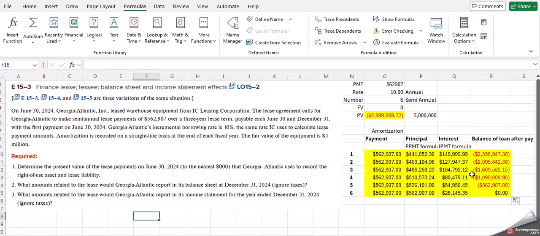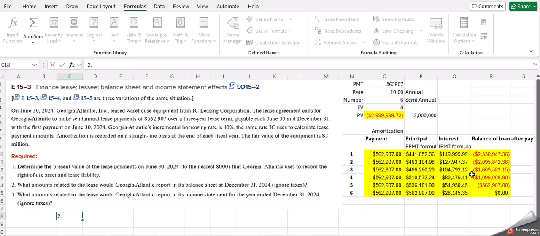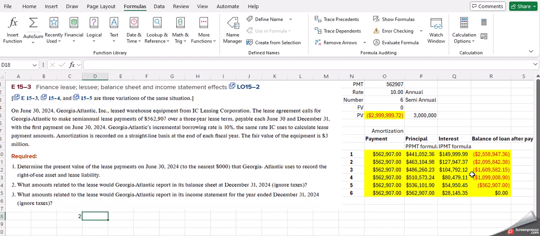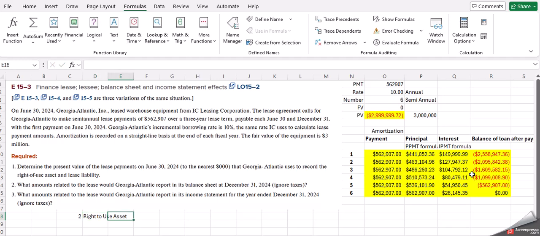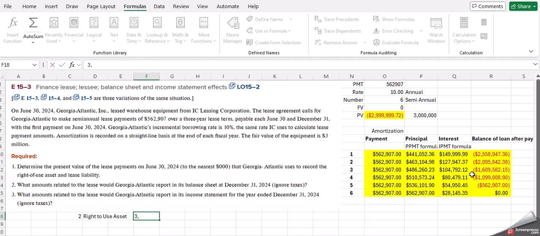So then number 2, what amounts related to the lease would Georgia Atlantic have on its balance sheet? They're going to have a right to use asset for the $3 million. We're going to round that, $2,999,972.